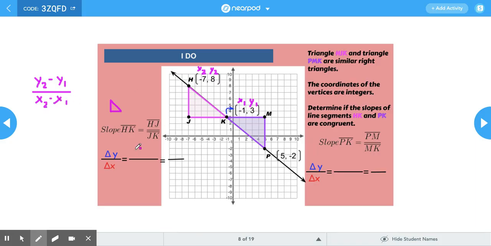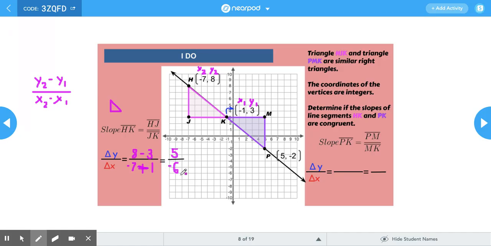So from here, my y2 is 8, my y1 is 3, so I'm doing 8 minus 3, which is 5. And then I have my x2, which is negative 7, minus my x1, which is negative 1. And negative 7 minus negative 1 is the same thing as negative 7 plus positive 1, and that's going to be negative 6.